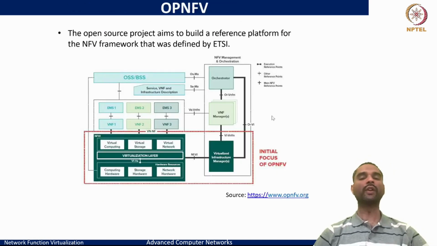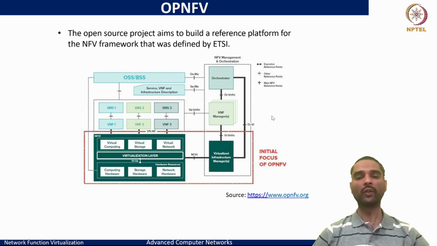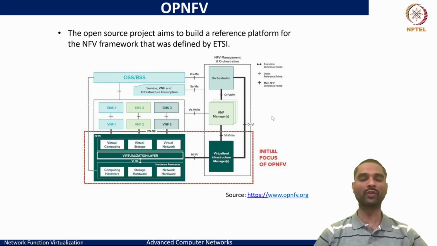The ETSI NFV reference architecture saw various open source implementations, and we'll look at just one of them, known as OPNFV, which stands for the Open Platform for NFV. This is a collaborative project under the Linux Foundation, and it has helped transform global networks through open source NFV.